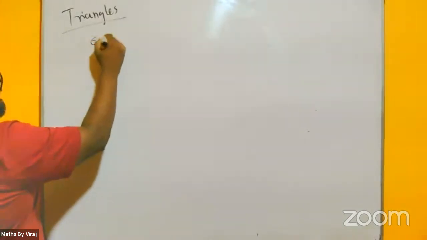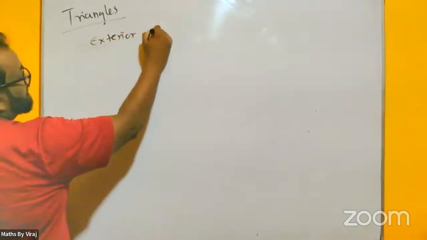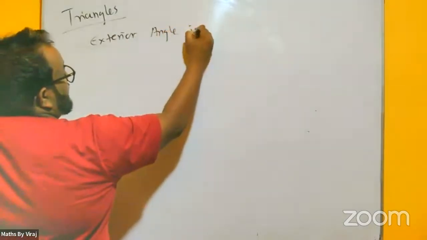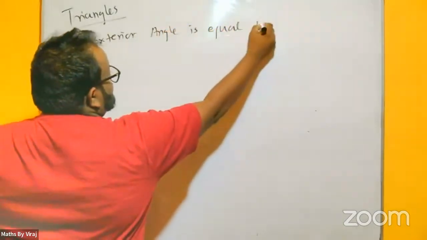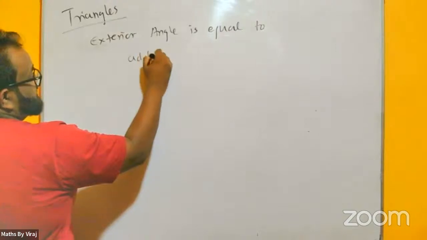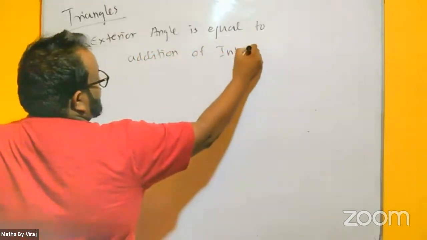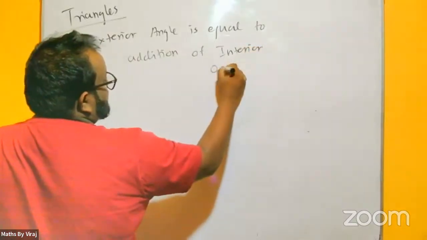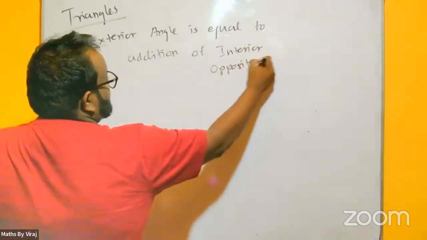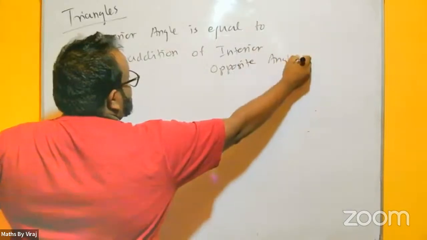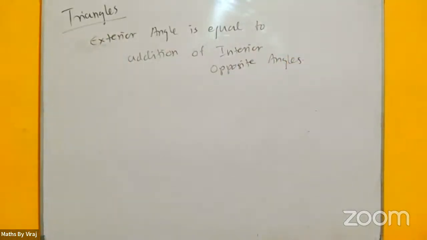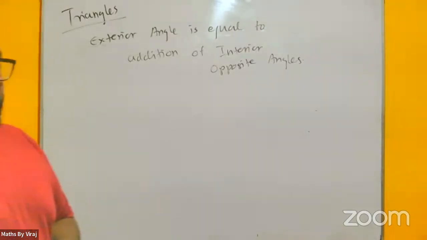Exterior angle is equal to addition of interior opposite angles. This is the first theory that we are going to learn. Exterior angle is equal to addition of interior opposite angles.